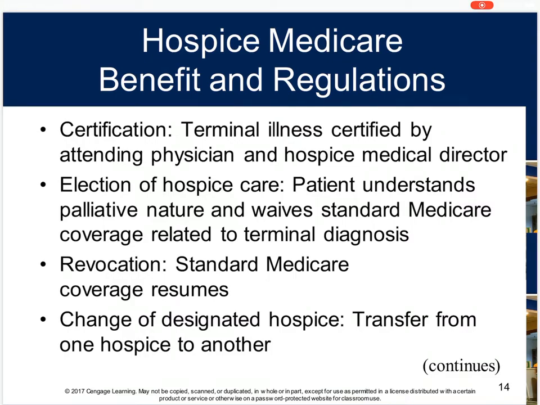Because again, hospice is palliative care, not curative care. Now, while in hospice, Medicare will pay for injuries or other health problems that are not related to the terminal illness. So basically, if you elect hospice coverage, you're saying, I no longer want to be treated for anything related to this condition, and Medicare is going to respect that, of course, and they're not going to pay for it.